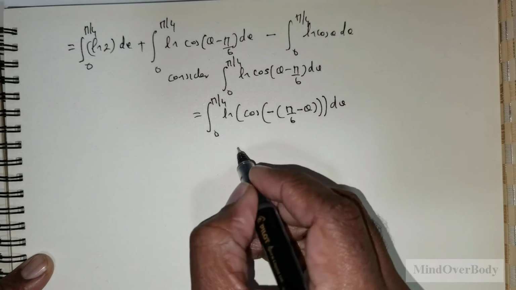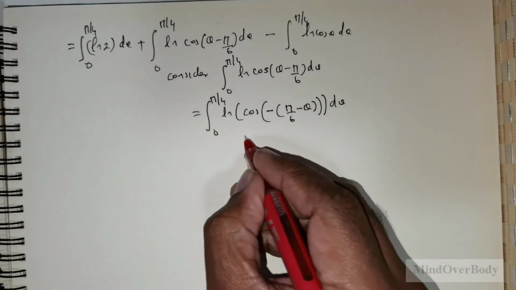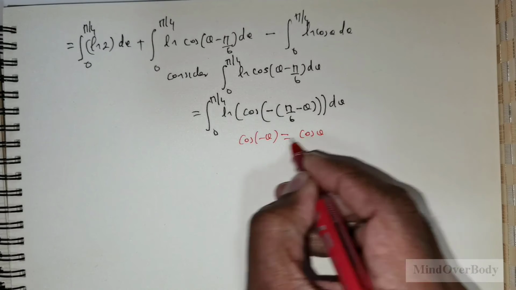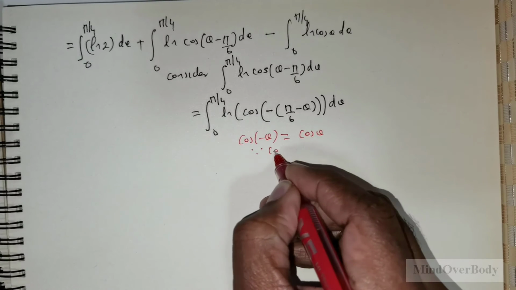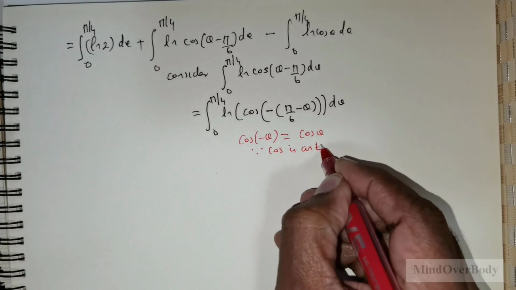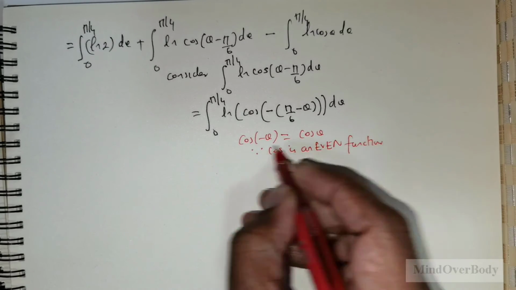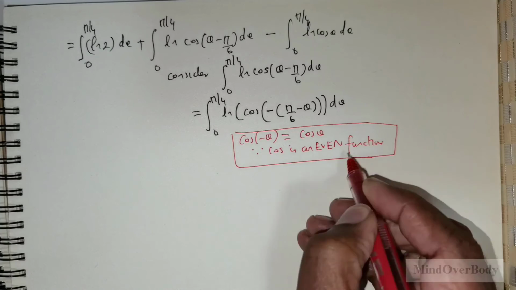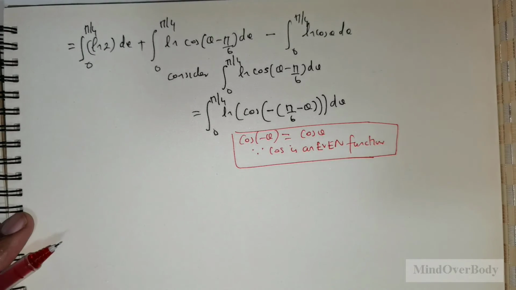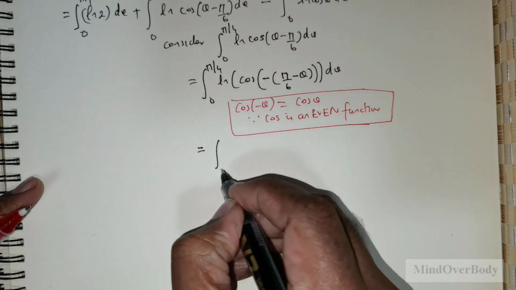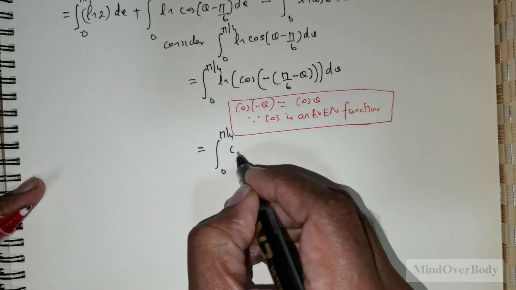So this is similar to cos of negative theta, which is nothing but cos theta. Now why is this possible? Because cos is an even function.